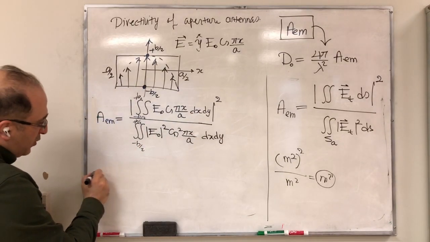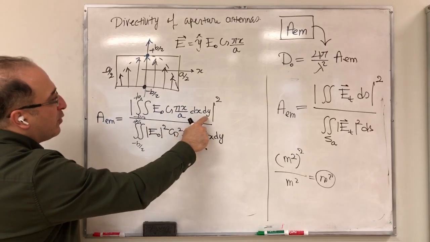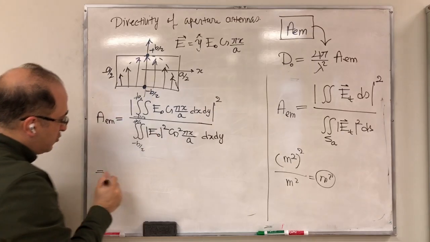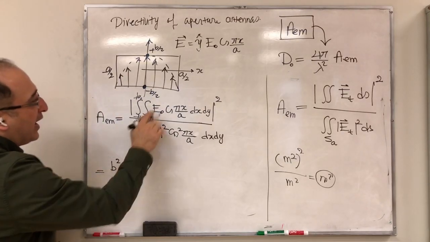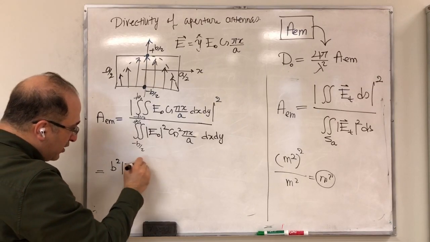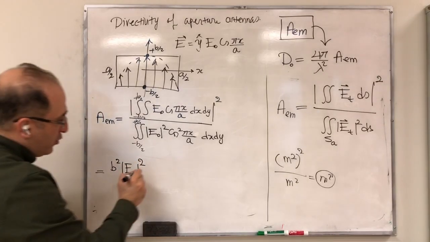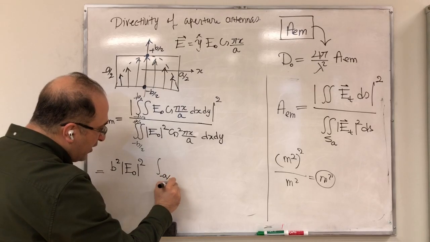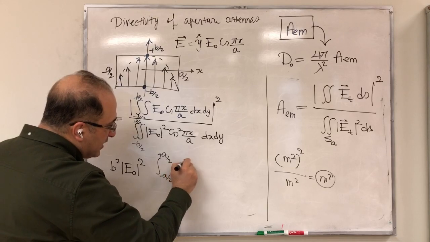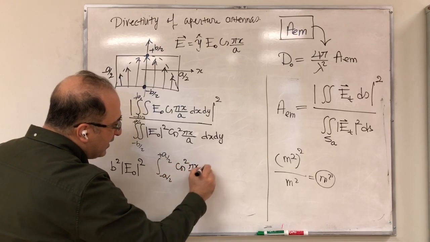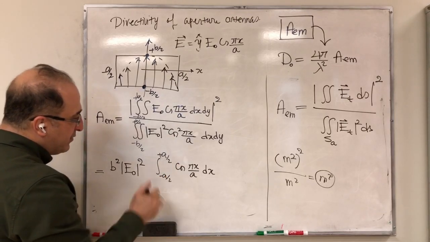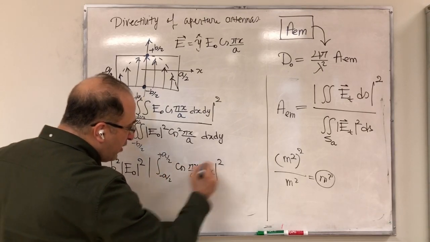So in the numerator, integration over y would simply be B. Don't forget the square here, so you get B squared, and E naught squared you can also take out of the integration, and therefore you end up with just the integral from minus A divided by 2 to plus A divided by 2 of cos(pi x divided by A) dx, the whole thing to the power of 2.